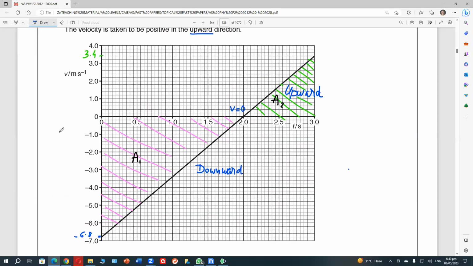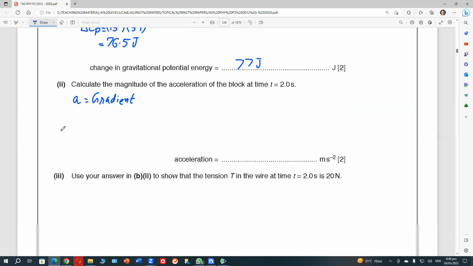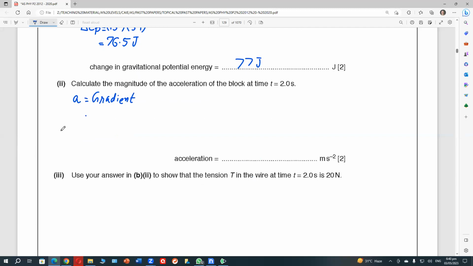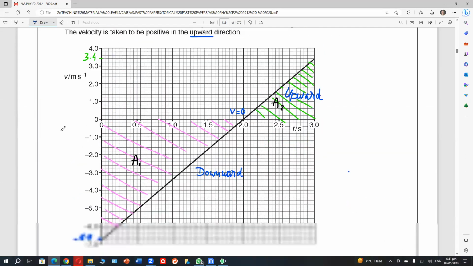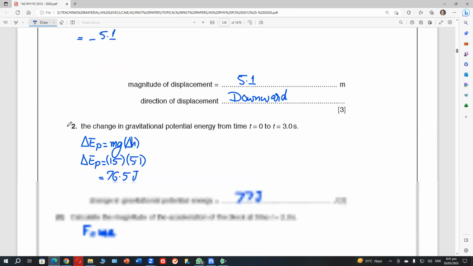It's a straight line, so we can find the gradient anywhere. We can take 3.4 and 6.8.